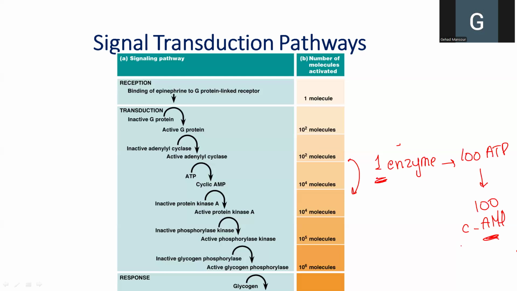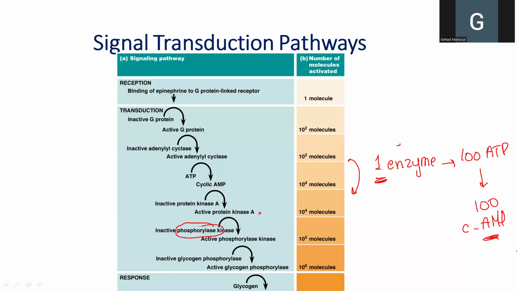And cyclic AMP will phosphorylate inactive protein kinase to convert it into active protein kinase. This is inactive protein kinase A that has been phosphorylated into active protein kinase, and then active protein kinase will activate inactive phosphorylase.